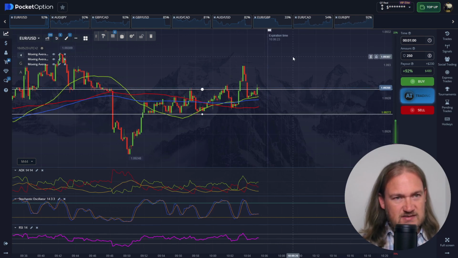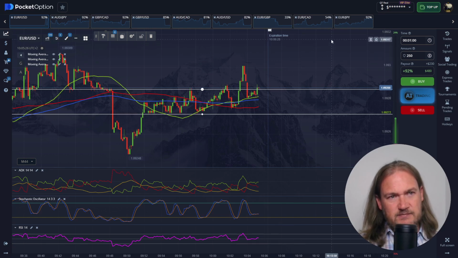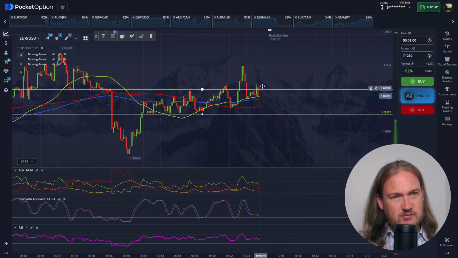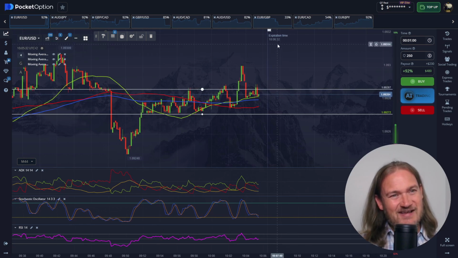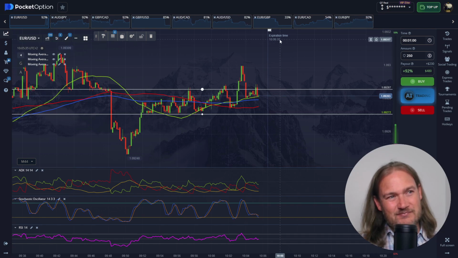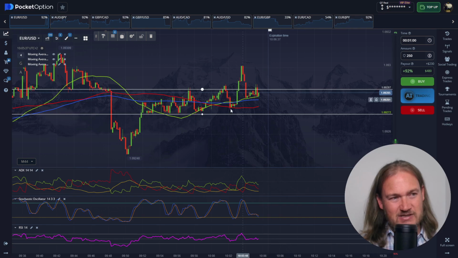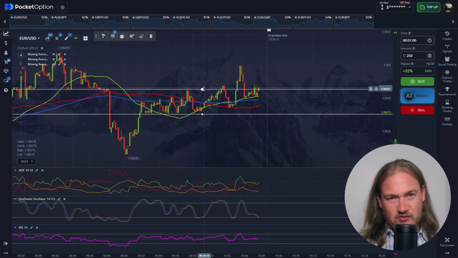I do suspect we're going to see some upwards movement from here, maybe up to, yeah, it's impossible really to say. We'll have to wait and see what happens. But right now, as it stands, I'm not even going to be looking for trades.